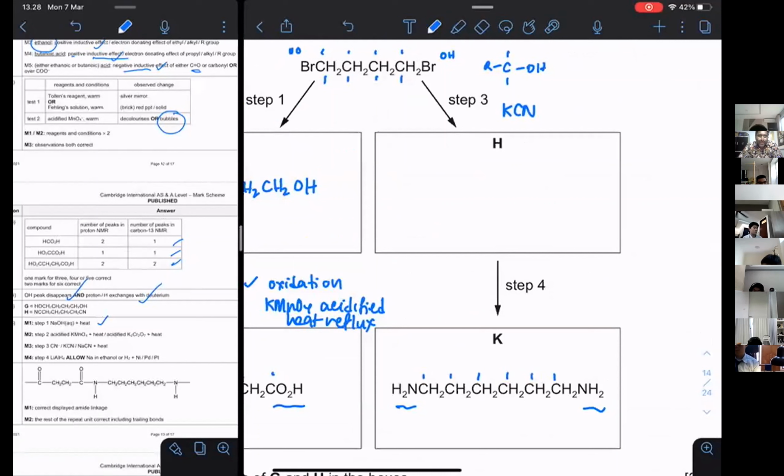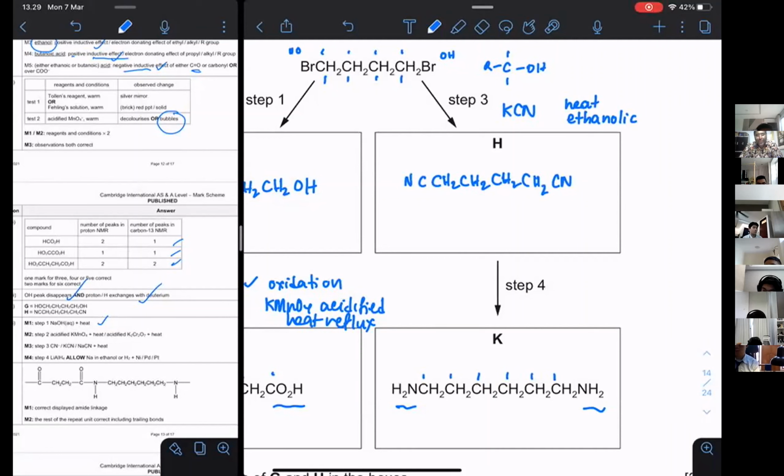Make sure you heat, and this KCN must be in ethanolic condition, with ethanol and heat. The Br will be replaced by CN, so this is nucleophilic substitution. So CH2, CH2, CH2, CH2, the Br will change to CN, and the Br over here will also change to CN. So this is going to be the H.